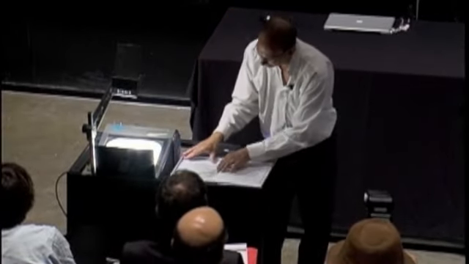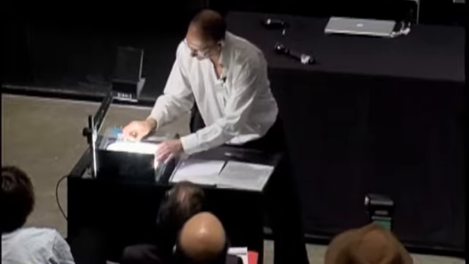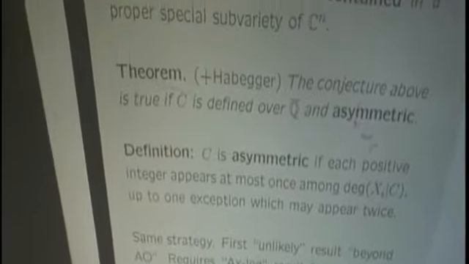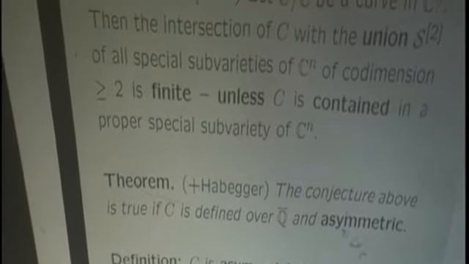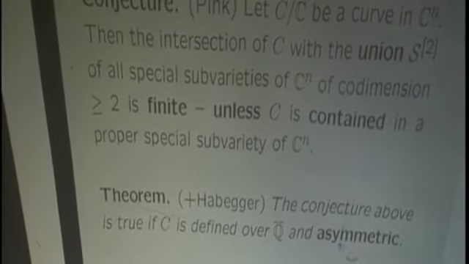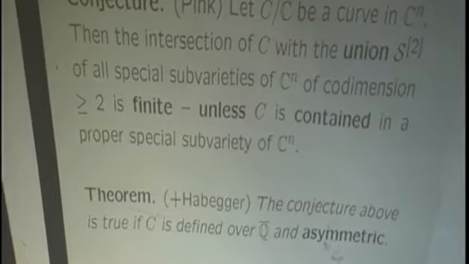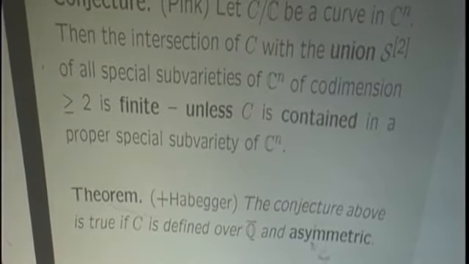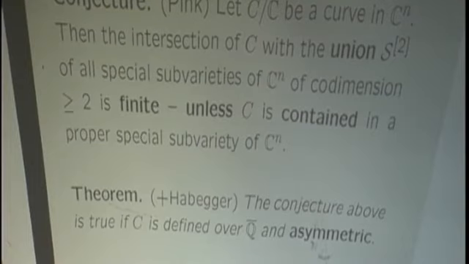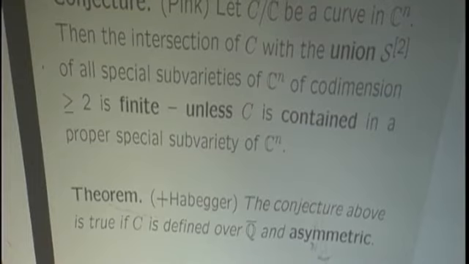So I just want to sketch very, very briefly a result with Habegger. Of course, as part of Pink's conjecture, you get similar conjectures in the Shimura variety. So you can look at a curve C in a Shimura variety and intersect it with the union of special subvarieties of codimension at least 2.